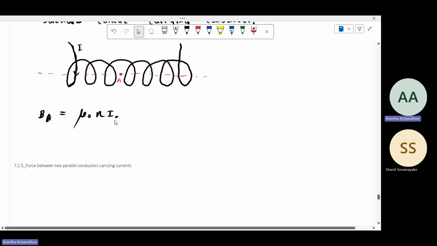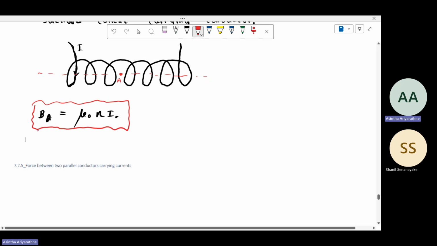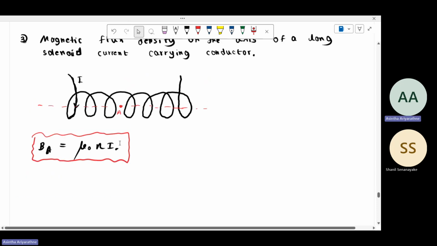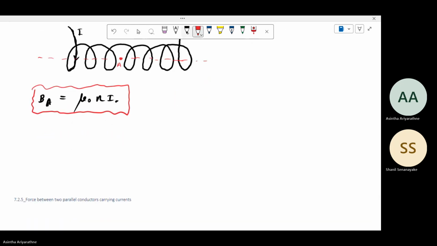So it is easier to just remember this: mu naught n I is the magnetic flux density on the axis of the solenoid. B equals mu naught n I.